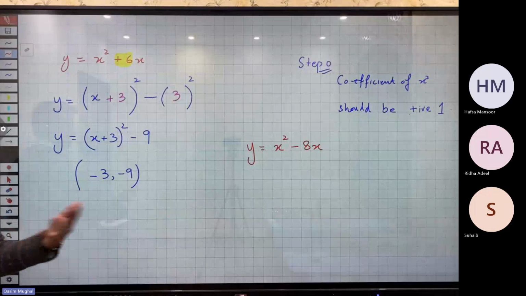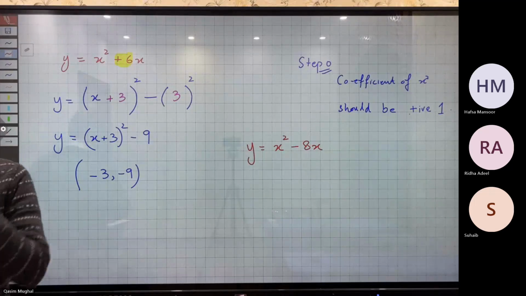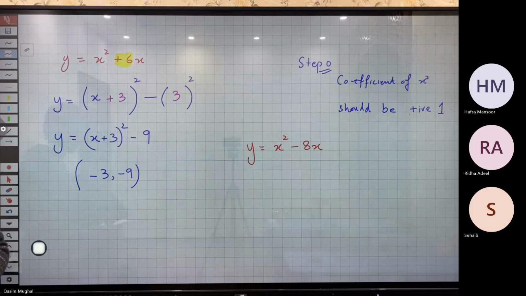I'm starting off with a very simple question. We will be going towards a difficult part inshallah tomorrow. You should be able to do this in 1 minute. I will be asking the coordinates of the vertex.